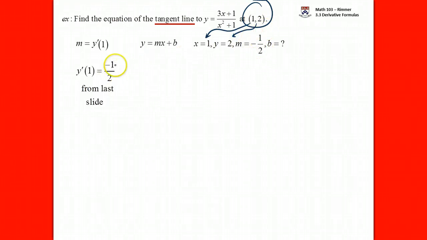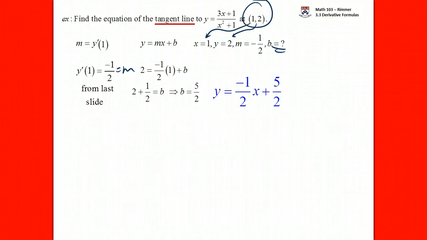Now that you know your m, you can just go get what b is by plugging in. Tell me, what is it? Yeah, we'll call it 5/2. All right, great. So then that's the equation of the line.